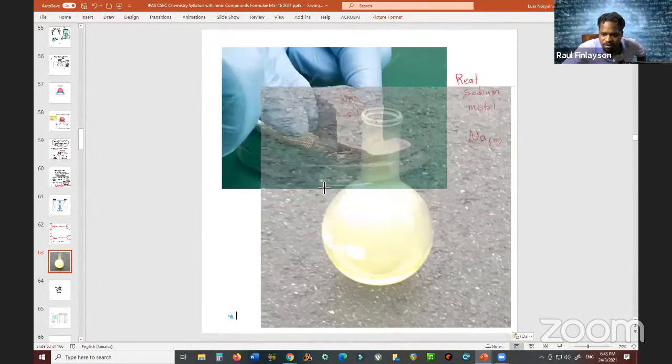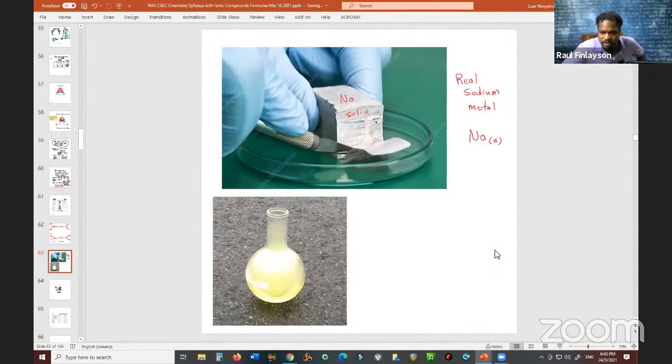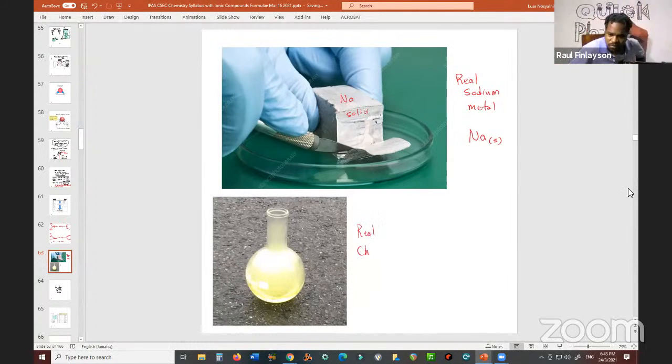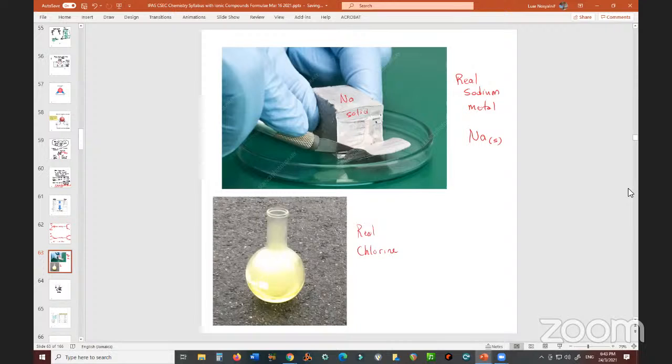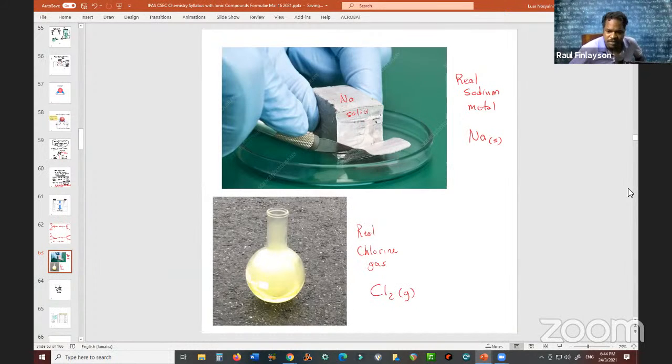That's real chlorine gas, guys. A yellow-green gas. It's written as Cl2(g) in chemistry, with the g to show that it's gas. Chlorine gas is a combination of chlorine molecules, and we know molecules are covalently bonded atoms. So this is what will be formed.